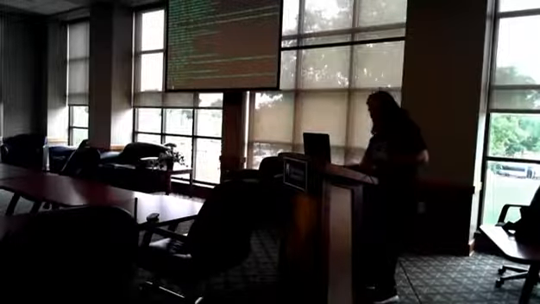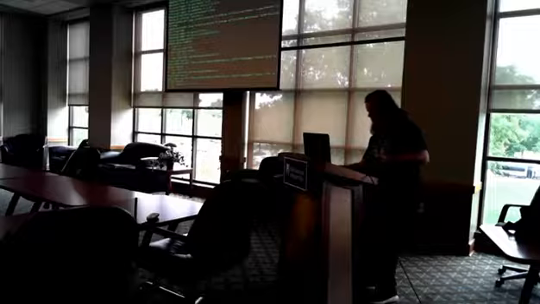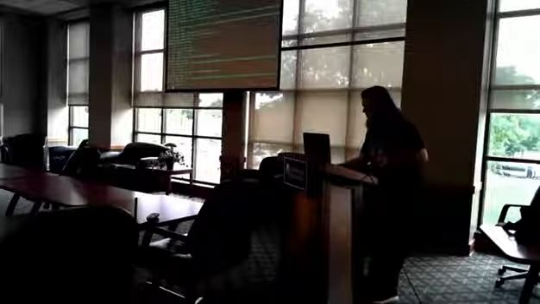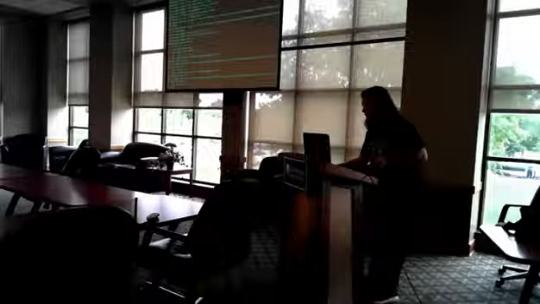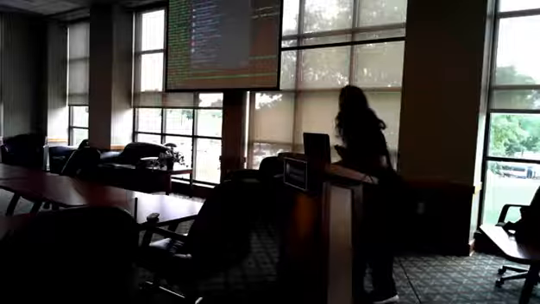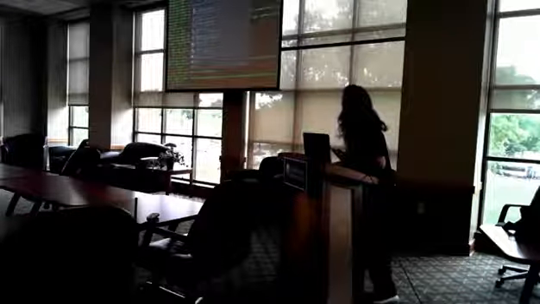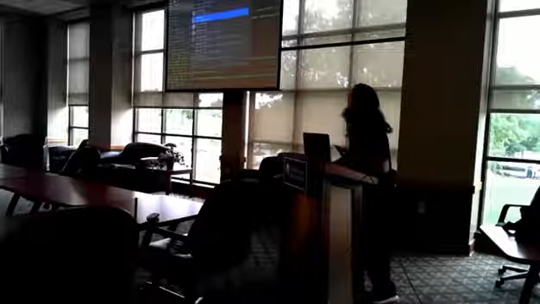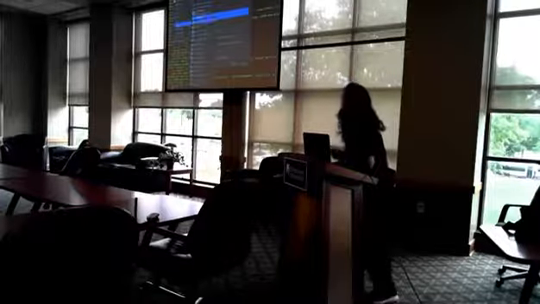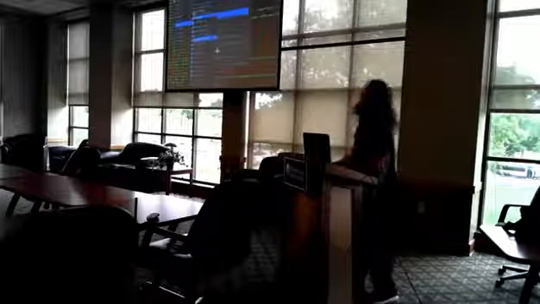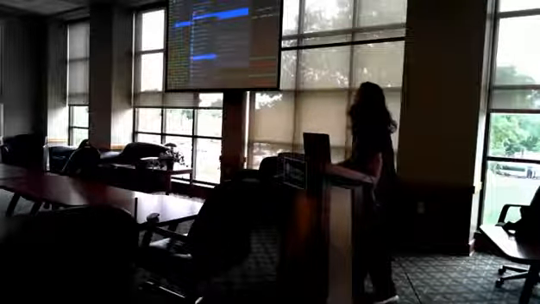There are tons of tools on Parrot. It's kind of like Kali, except it's much smoother.